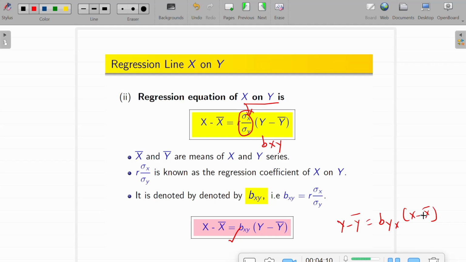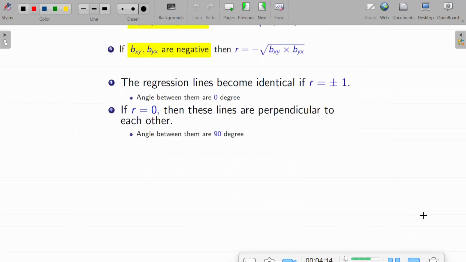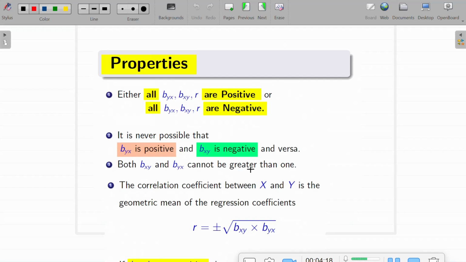We have a few properties of regression based on correlation also. So let me go for it. Properties: if the regression coefficients bxy and byx and the correlation are positive, that is, byx, bxy, and r will all be positive or all will be negative.